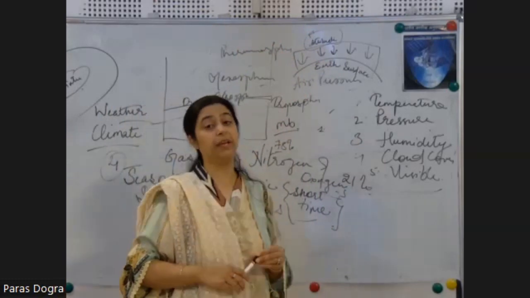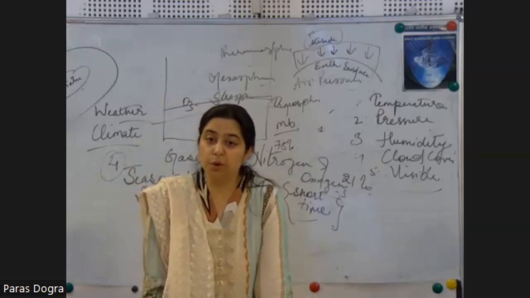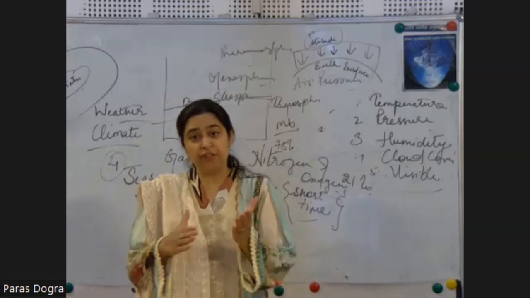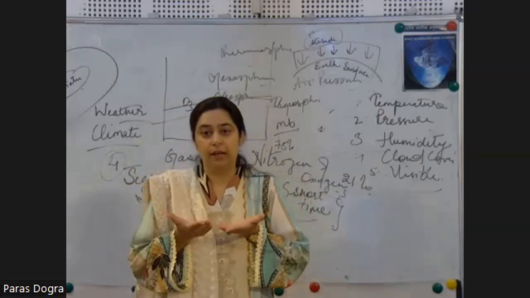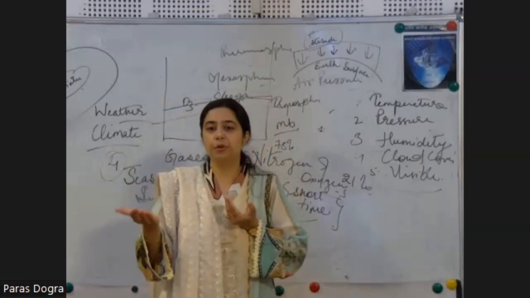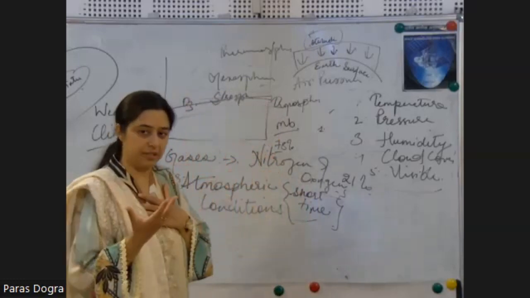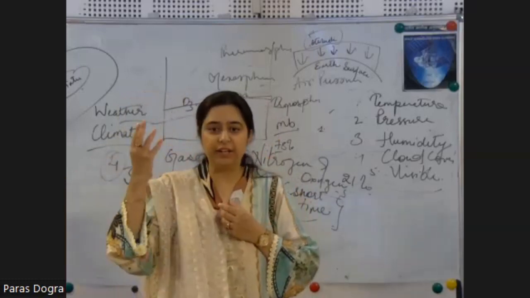And yes, air pressure plays a major role in our climate, because it is only because of the levels of air pressure that wind movement is affected. And wind plays a major role in bringing temperature changes and in deciding the weather conditions.